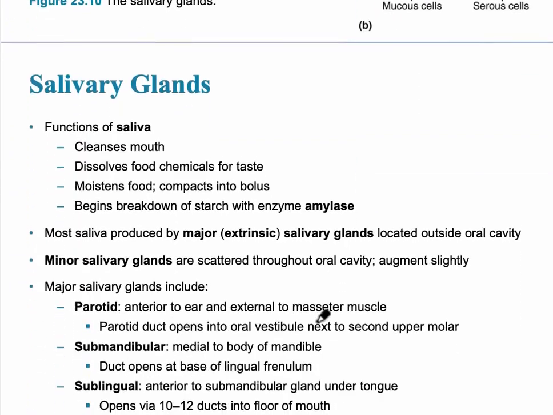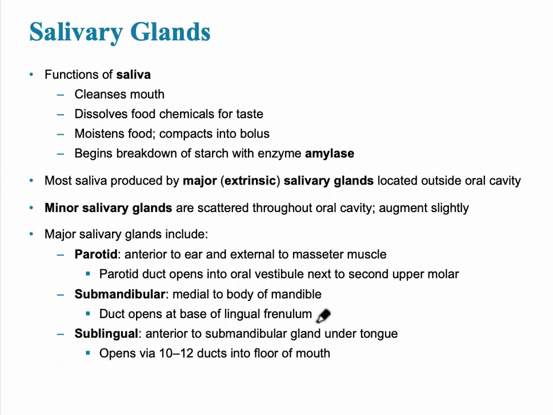The salivary glands function by producing saliva, and saliva has many different functions. It cleanses the mouth, dissolves the food for taste, and most importantly, begins the breakdown of starch with the enzyme amylase, so carbohydrate digestion begins in the mouth.